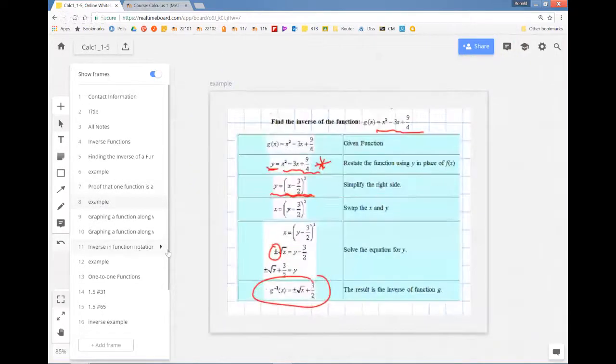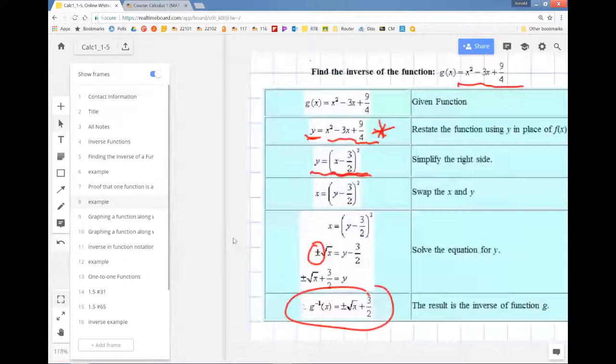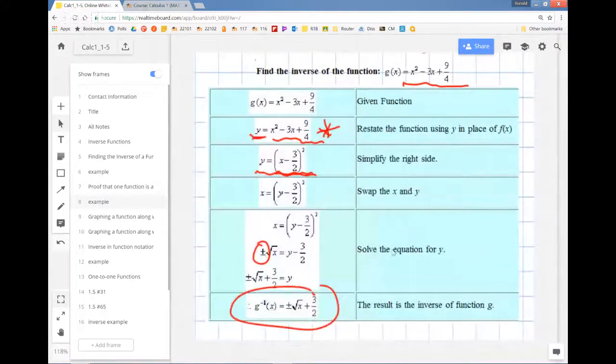So here we have another example. Find the inverse of the function x squared minus 3x plus 9/4. All right, so we've got our function. We set y in place of g of x, and then we literally swap the two.